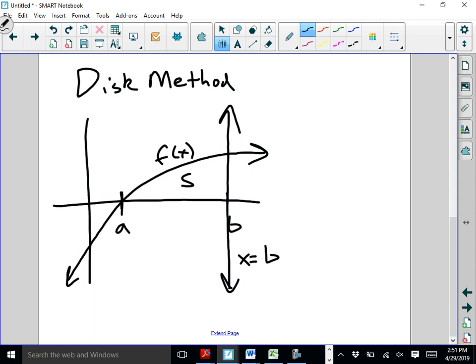So the x-axis is one of our boundaries, and then you're asked to revolve S around the x-axis. So rotate S around the x-axis, and then find volume.